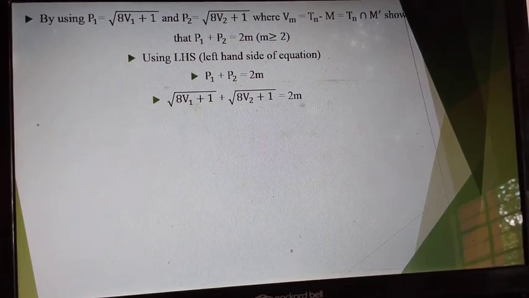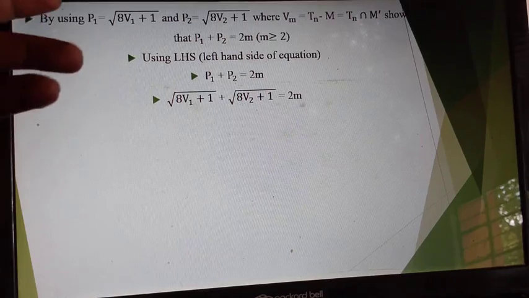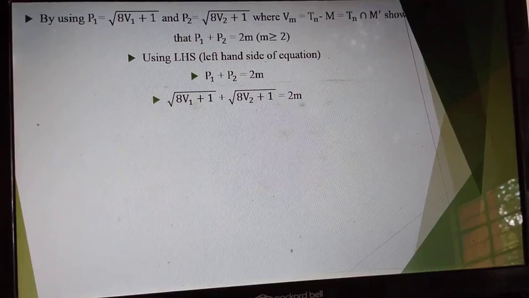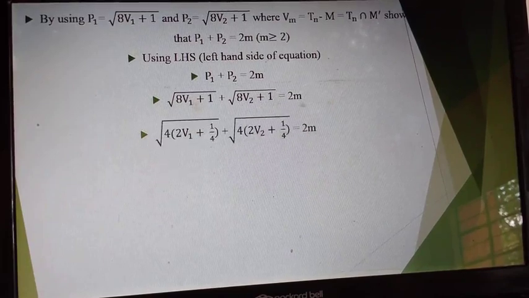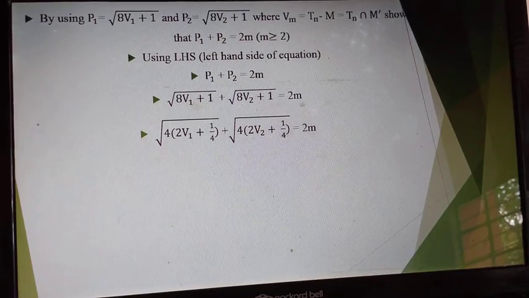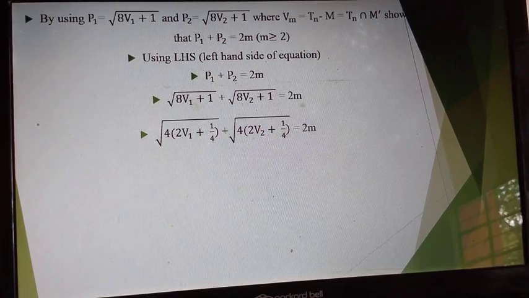So here, what are our P1 and P2? Our P1 is the square root of 8V1 plus 1, and P2 is simply the square root of 8V2 plus 1. We move on. What happens next? We factorize the common factor in the first part, that is 4. In the second part also, the common factor is 4. We factorize that.